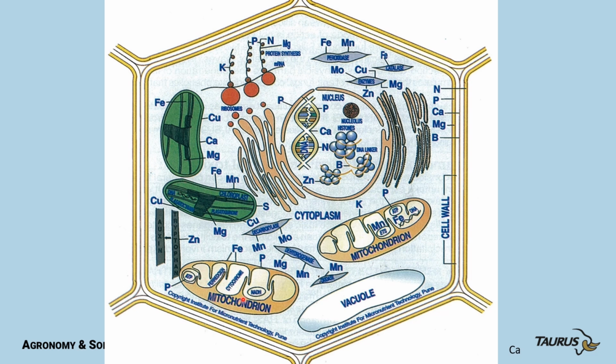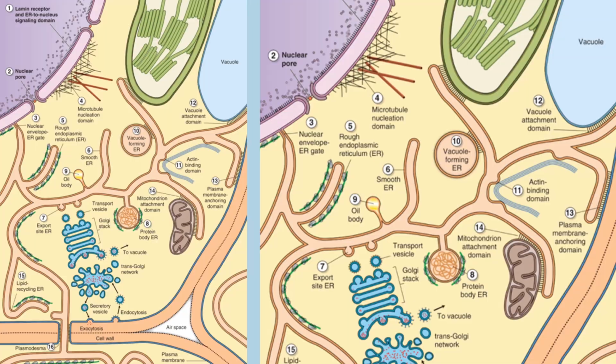In mitochondria, we get iron, phosphorus, potassium, other things there. In the nucleus and the peroxisomes, we got some manganese and iron involved. You can see that all these metals are called transition metals because they can change their valence and they're used in oxidation reduction processes.